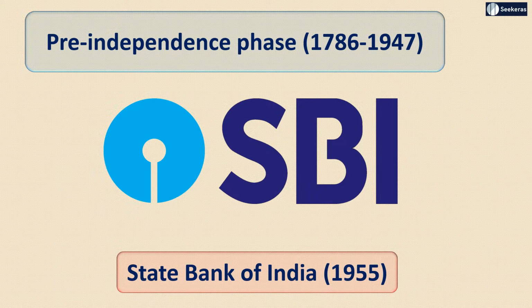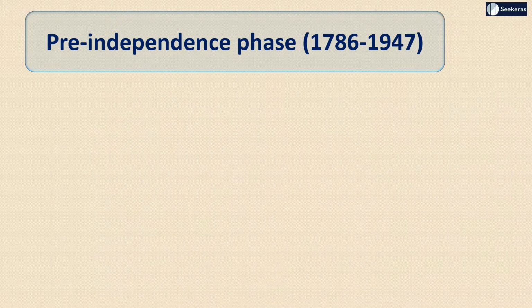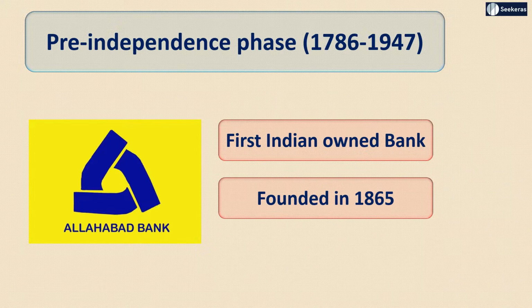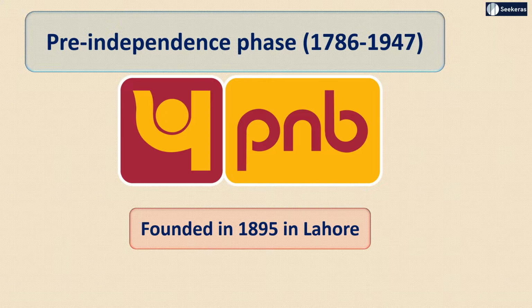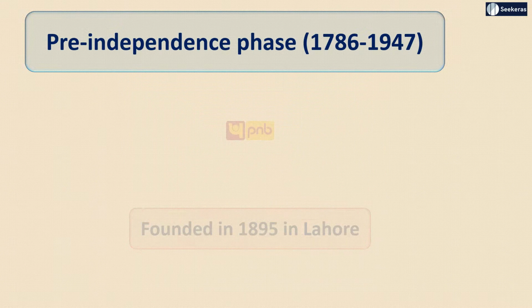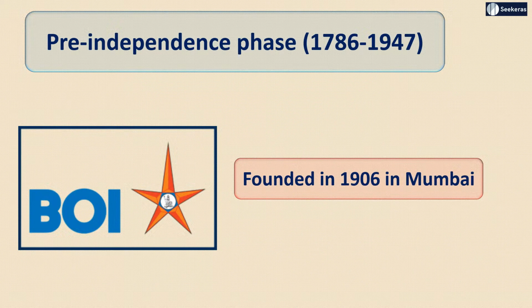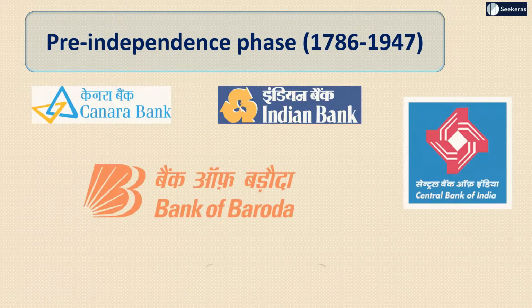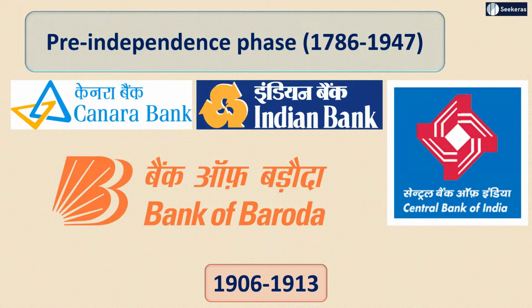The Imperial Bank of India was subsequently named the State Bank of India. The first Indian-owned bank was established in 1865 in Allahabad, named Allahabad Bank. In 1895, the Punjab National Bank was established. The Bank of India was founded in 1906 in Mumbai. Many more commercial banks such as Canara Bank, Indian Bank, Central Bank of India, Bank of Baroda and Bank of Mysore were established in 1906 and 1913 under Indian ownership.